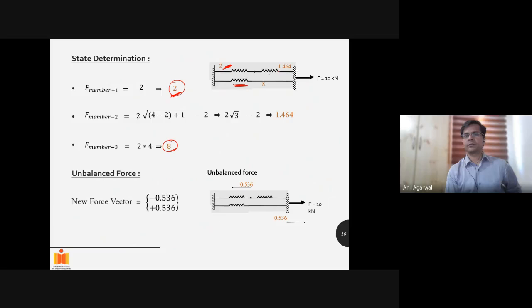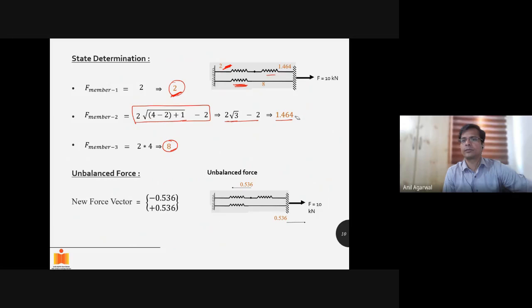These two are straightforward. For the third one, which has this relationship between force and displacement, I substitute the displacement value, which is 2, and 2 plus 1 is 3. So 2 square root of 3 minus 2 is 1.464 approximately. Since it's a numerical method, you don't have to give beyond a certain number of digits.